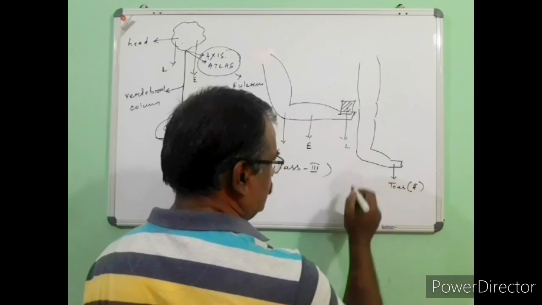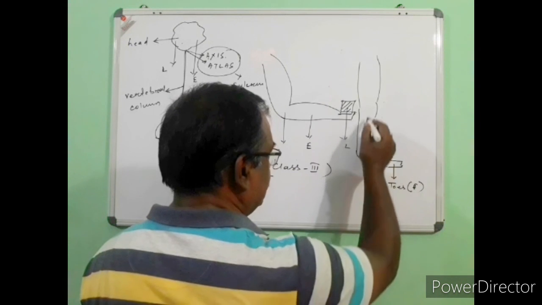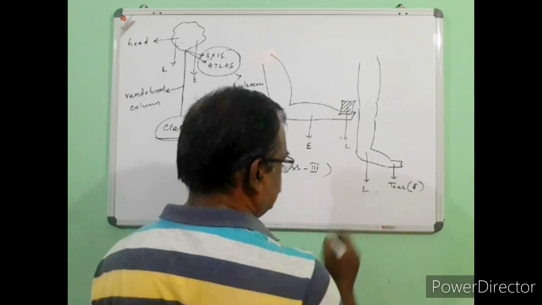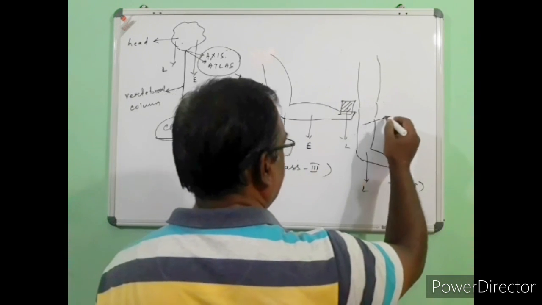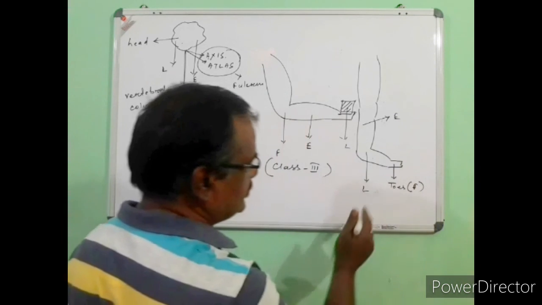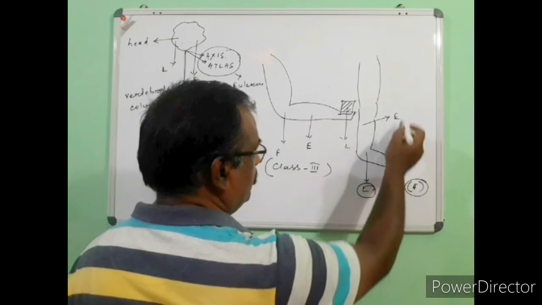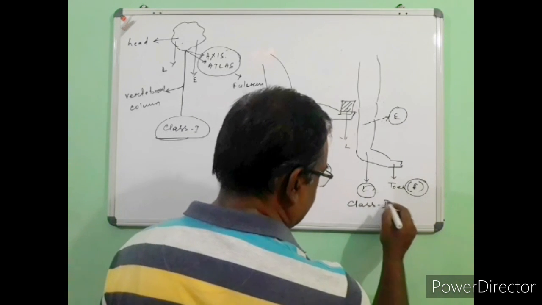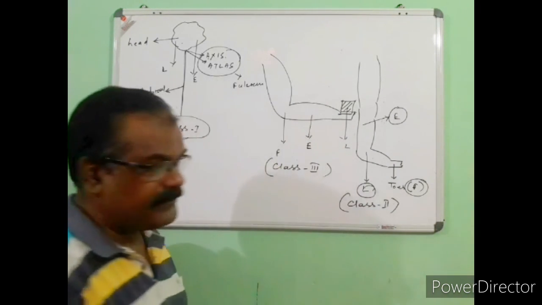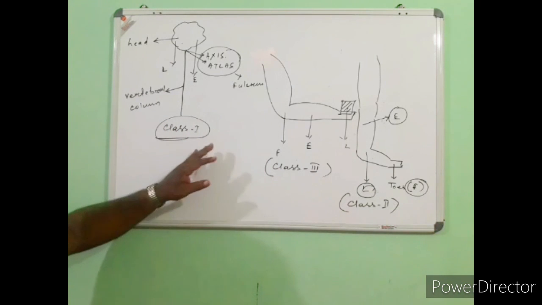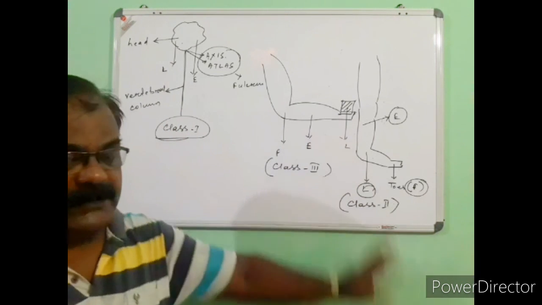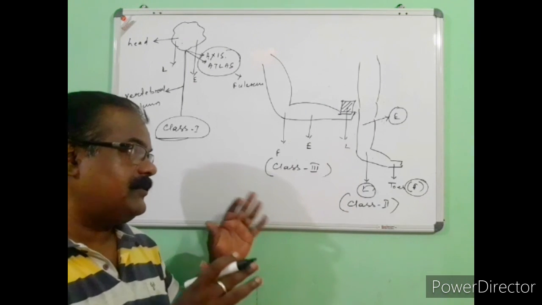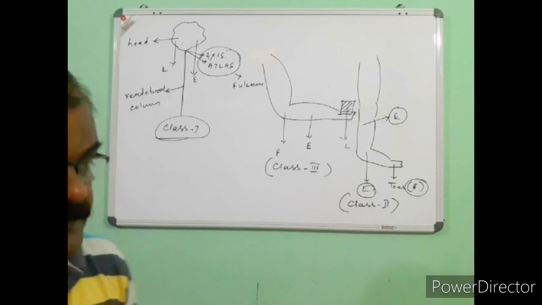Then the entire load of the body stretches on the toes. So here is the load and the effort is somewhere else. Therefore in such cases the load lies between the fulcrum and effort, so this mechanism is based on the class 2 lever mechanism. So in this way the entire human body, for different types of purposes, works on the principle of lever mechanism.